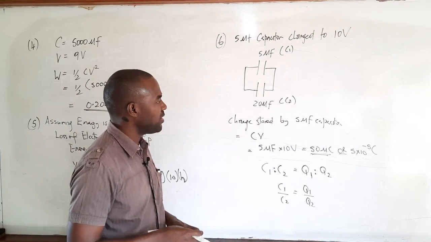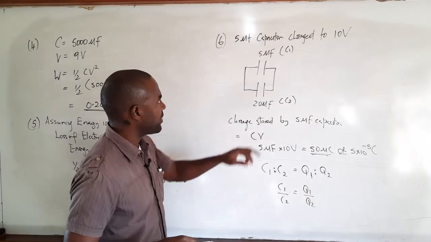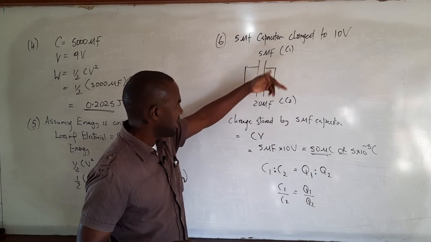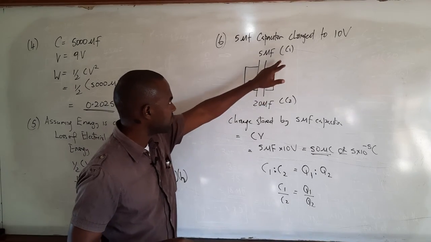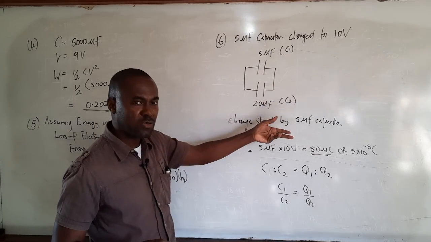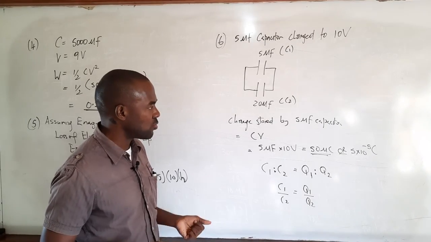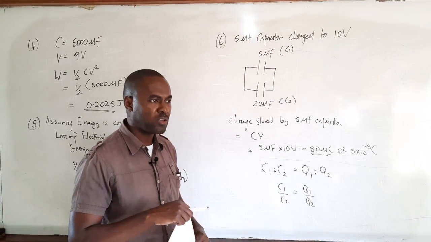So what this basically means is that if we have capacitors of capacitance 5 microfarads and 20 microfarads connected in parallel, then these would be in the ratio 5 to 20, same thing as 1 to 4. And therefore, the charge stored will be in the ratio 5 to 20 or 1 to 4, right?